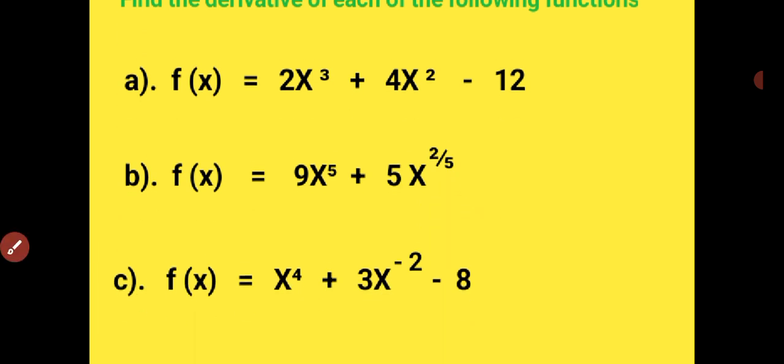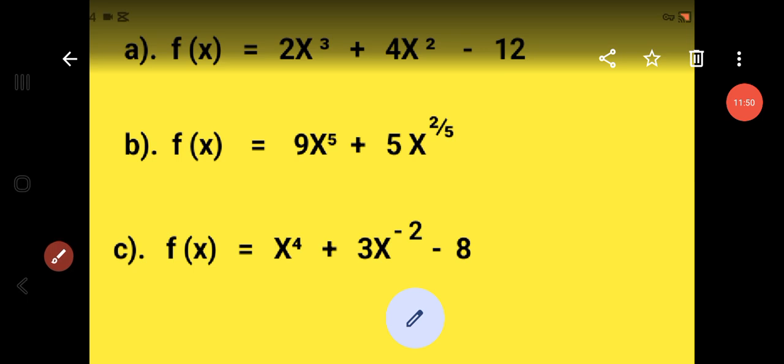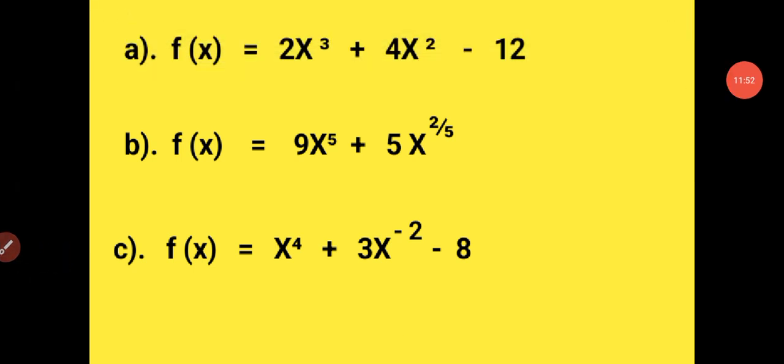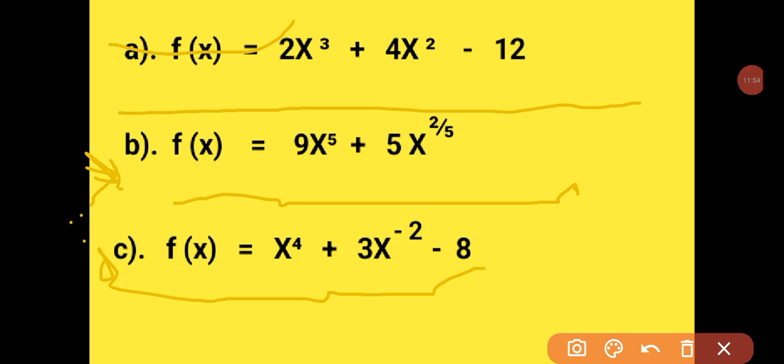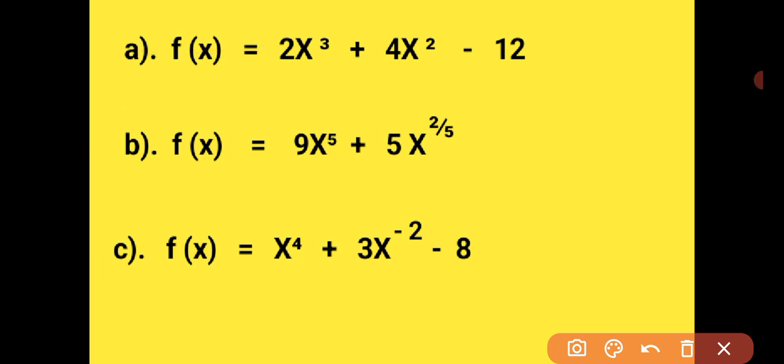So we can also check the third one here. Then the third one, part C, is f of x equals x power 4 plus 3x power negative 2, then minus 8.